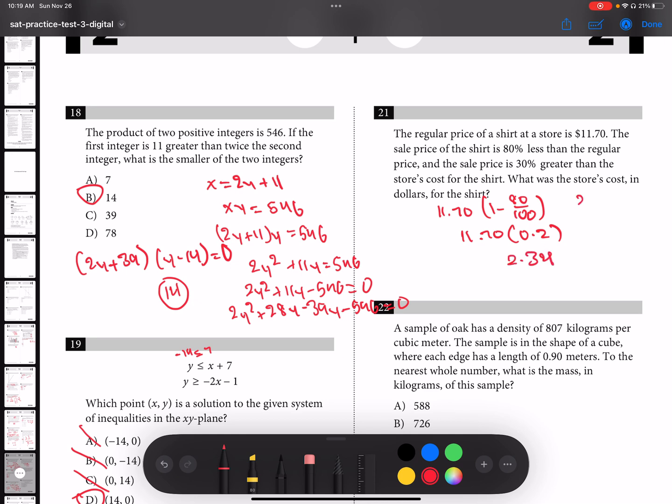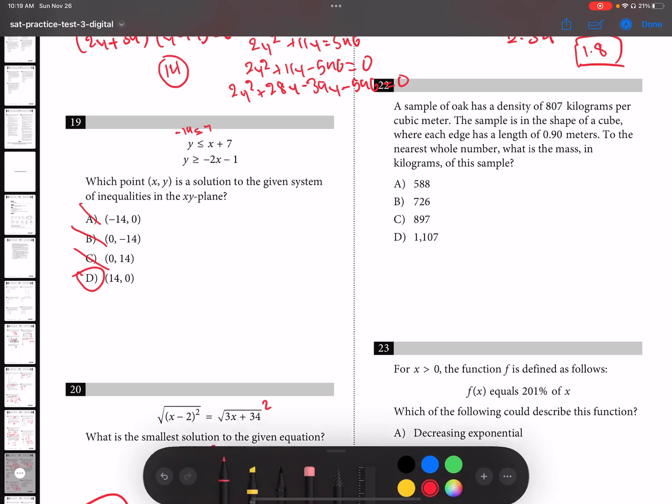And now we know that 2.34 is equal to 1 plus 30 over 100, which gives us 1.3x. So after dividing, x is equal to 1.8. So the answer would be 1.8.